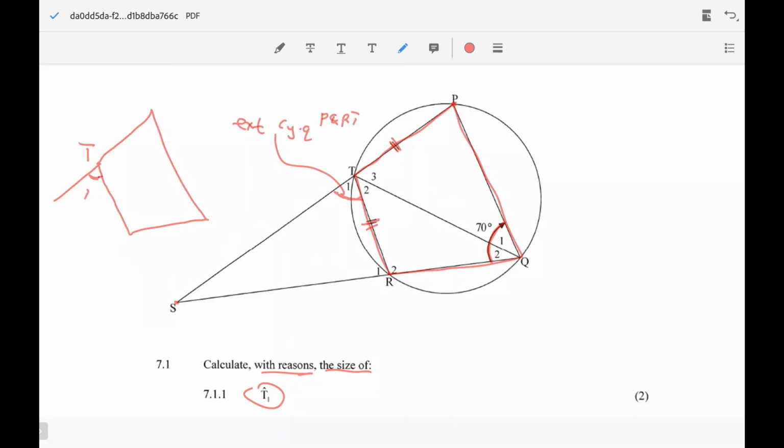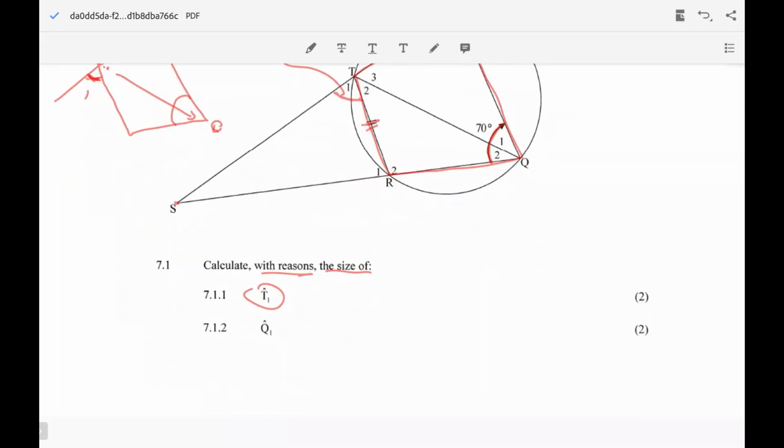It's the exterior angle, and according to the deduction, this exterior angle should equal the interior opposite angle, which is our angle Q1 plus Q2. So angle T1 is equal to 70 degrees, and the reason is exterior angle of a cyclic quad.